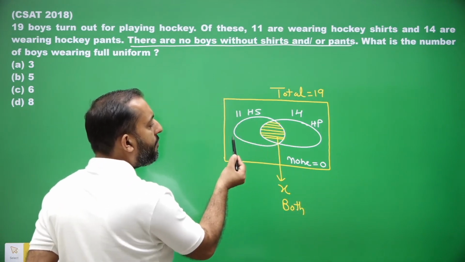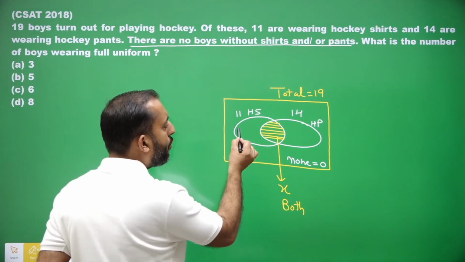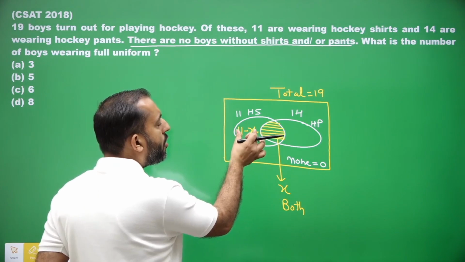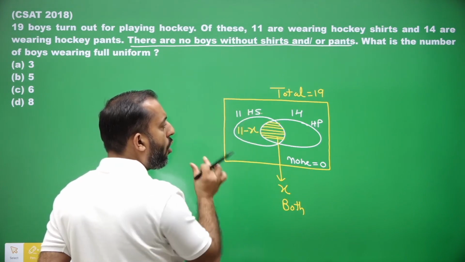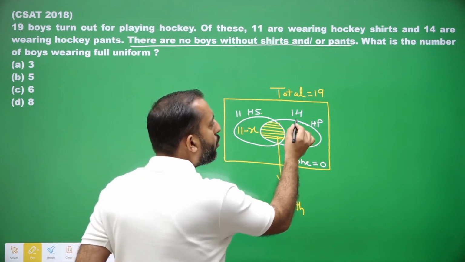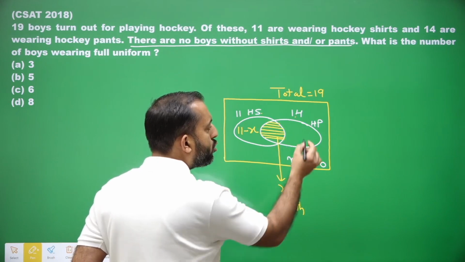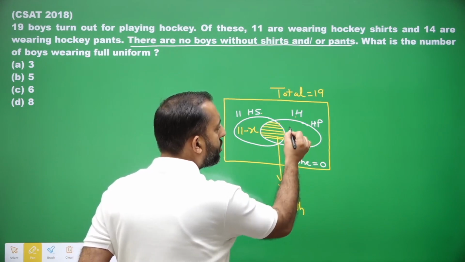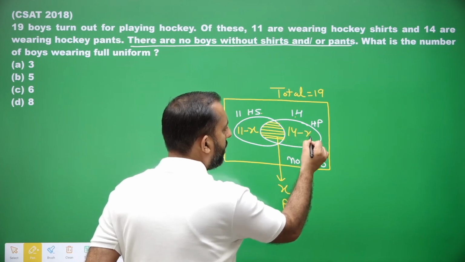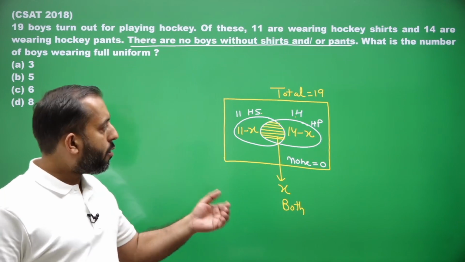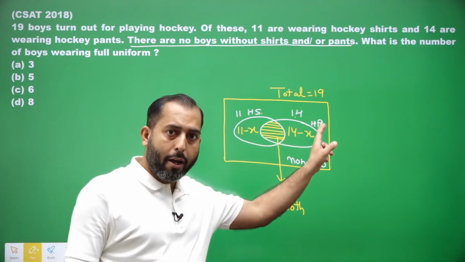Out of 11, X are wearing full uniform. So 11 minus X boys are wearing only hockey shirt. Out of 14, X are wearing pants also, X are wearing shirt also. So 14 minus X will represent the count of those boys who are wearing only hockey pant.